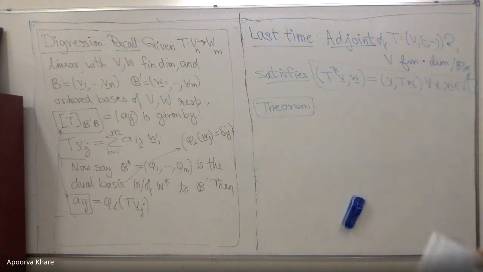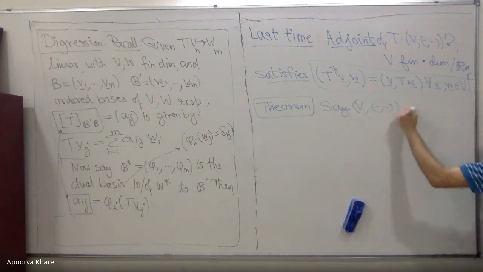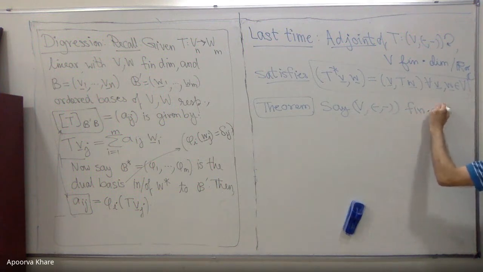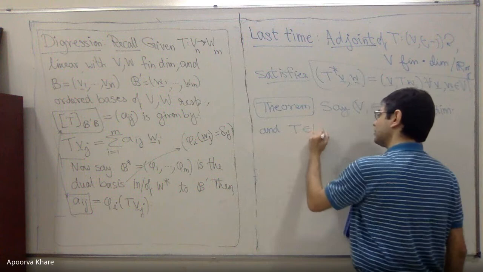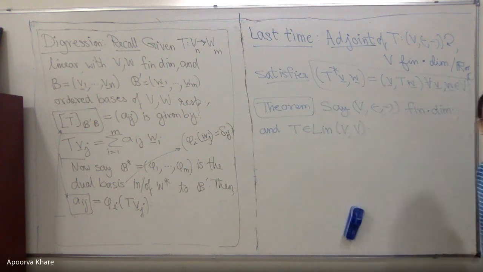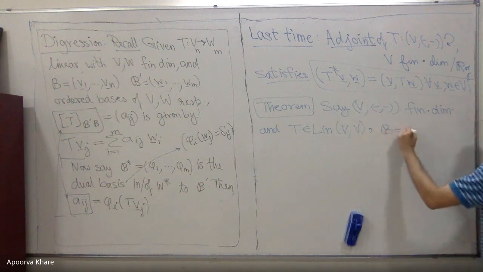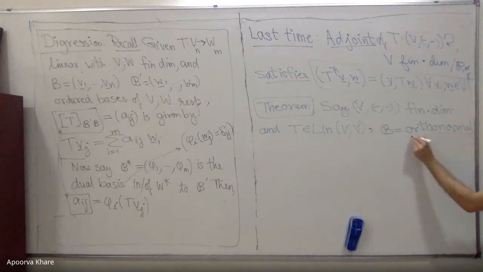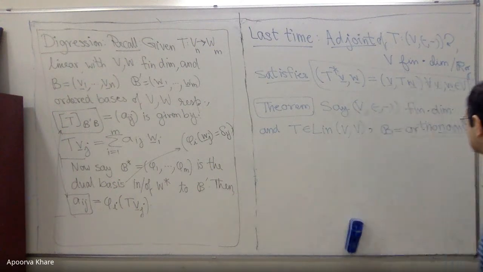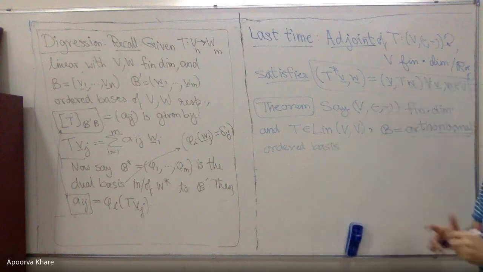Given again the same, given V finite dimensional, so say V is an inner product space, finite dimensional over R or C as usual, and T is a linear map from V to V. Then, let's say B is an ordered, I'll call the term orthonormal, and the reason for this orthonormal is going to be explained roughly in this slide. Orthonormal ordered basis of V.